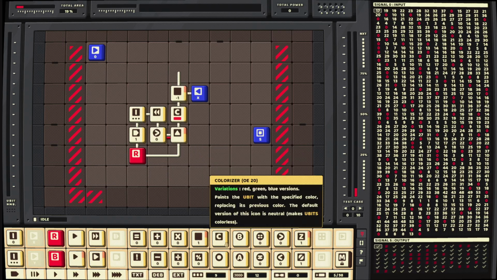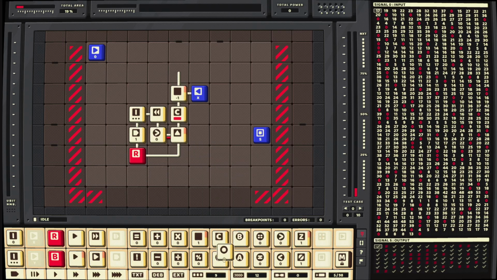So the next thing we need to do is a color sensor here, programmed to look for red, and I think a conveyor.